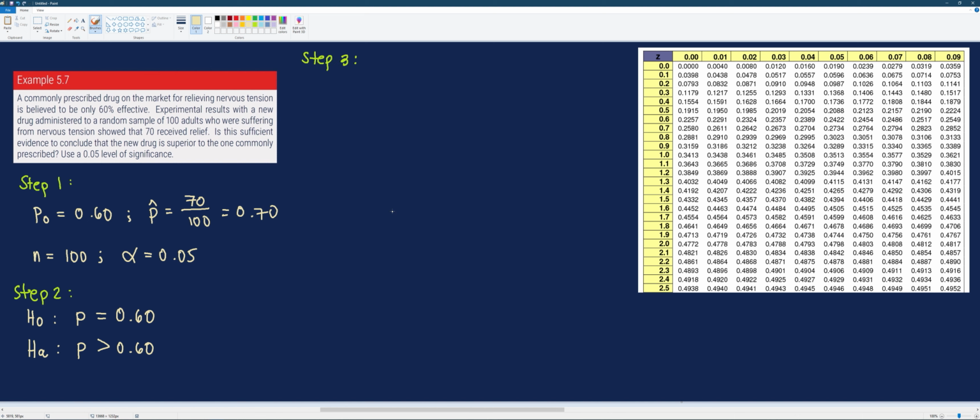Step 3 is to identify the critical value and the critical region. Since we are dealing with a directional hypothesis, specifically the greater than, if we illustrate this in our normal distribution curve, our critical value is somewhere on the right of the distribution, and the critical region is somewhere here.